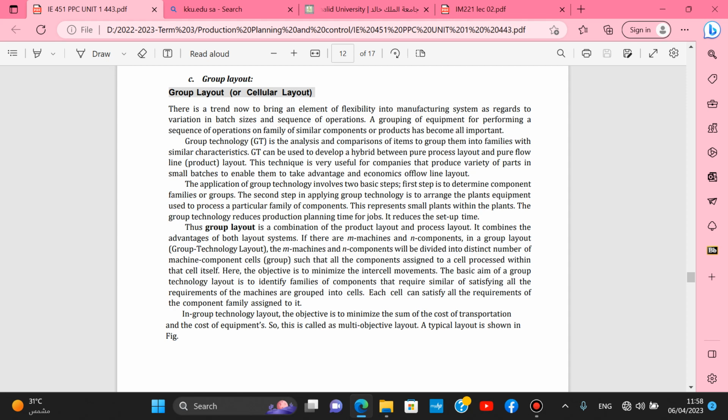Each cell can satisfy all the requirements of the component family assigned to it. In group technology layout, the objective is to minimize the sum of the cost of transportation and the cost of equipment. So this is called as multi-objective layout. بنسميه أيضا multi-objective layout لأنه فعلا هو يعني it minimizes the cost of transportations, it minimizes the movements inter-cell and the cost of equipment.